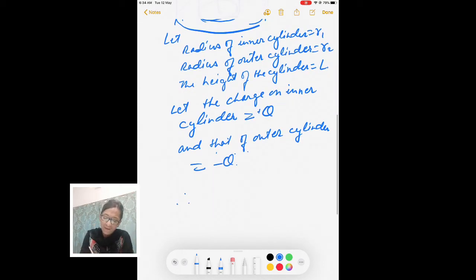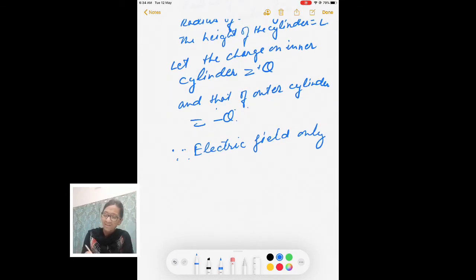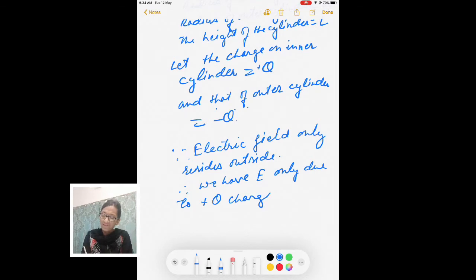Therefore, since electric field only resides outside, we have E only due to plus Q charge.